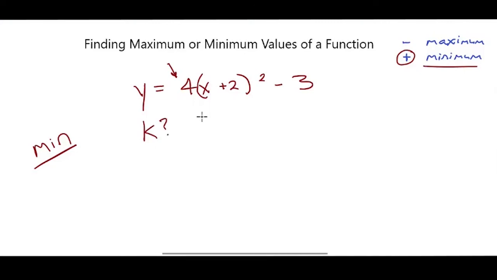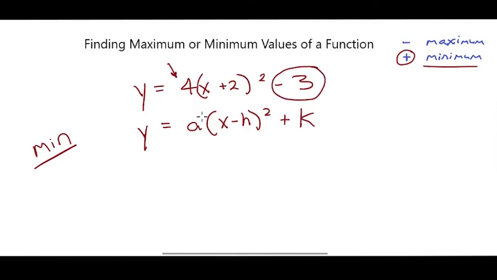So what is k here? y equals a times x minus h squared plus k. So the k here is actually -3. So my minimum is -3. And that's how you find maximum or minimum values of functions either in vertex form or intercept form.